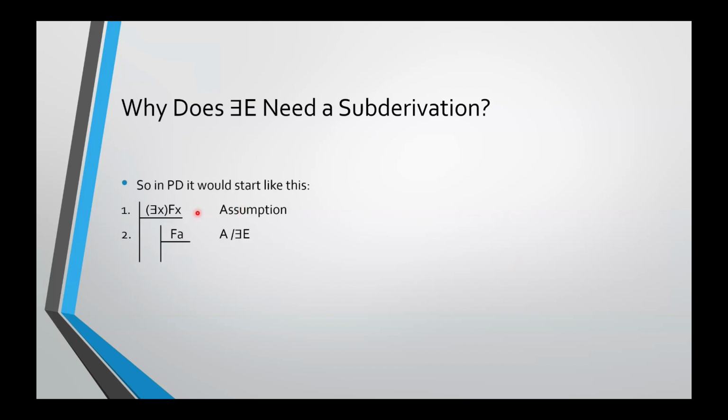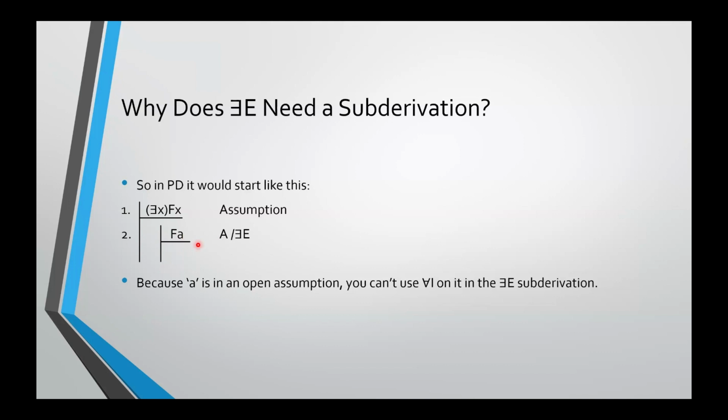The way that you block it is you start off with this assumption, right? Some existential claim. Then at the existential elimination step, what you do is you introduce the subderivation. Now, because of the fact that you have A in an open assumption, you can't use universal introduction on it. So anywhere inside the subderivation, you can't use universal introduction on A. So right there, the universal introduction thing is blocked.